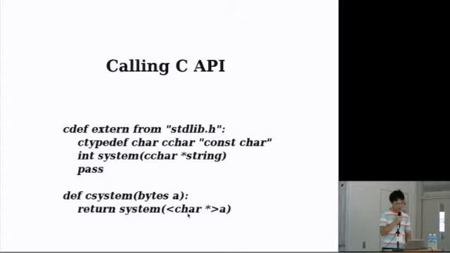Okay, here is type casting. You need type casting to cast the Python object to a native type. The casting is done with angle brackets, this kind of bracket.